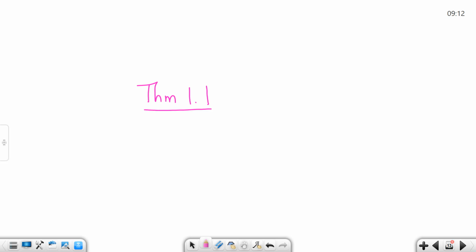But it says on that theorem 1.1 on page 21 of my text, every homogeneous system of linear equations is consistent. Okay, so we talked about that.